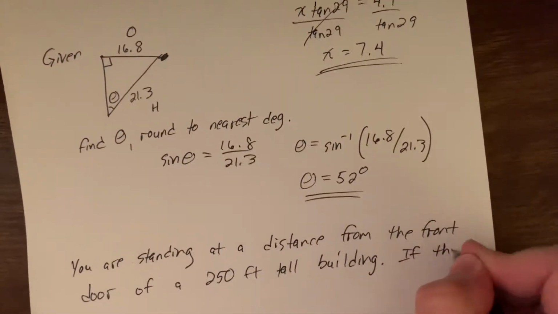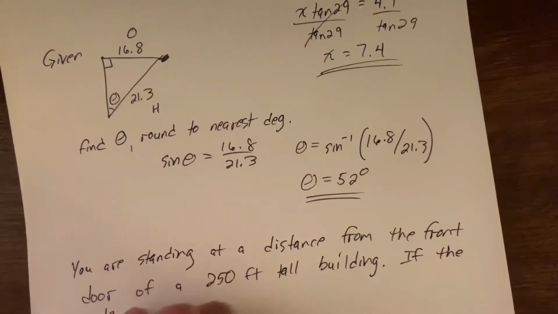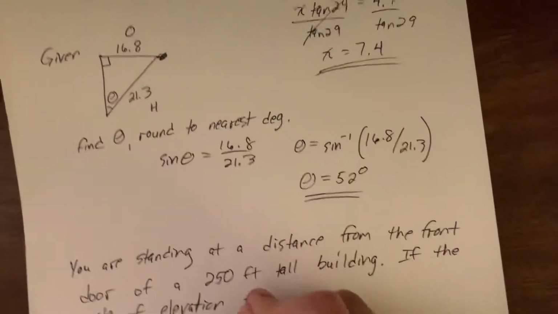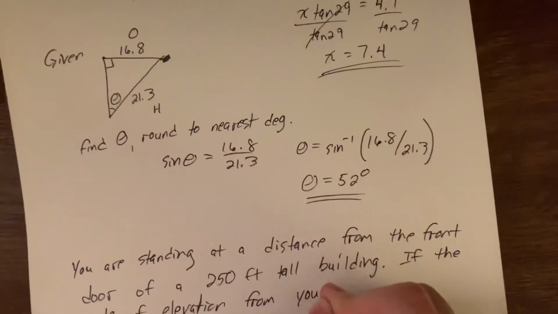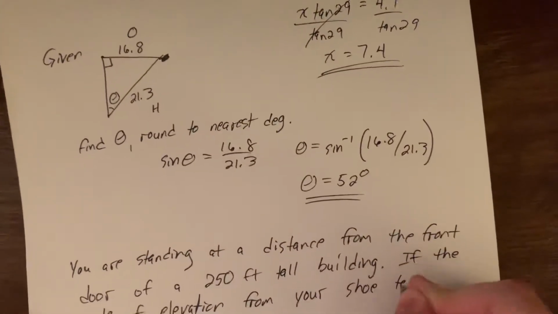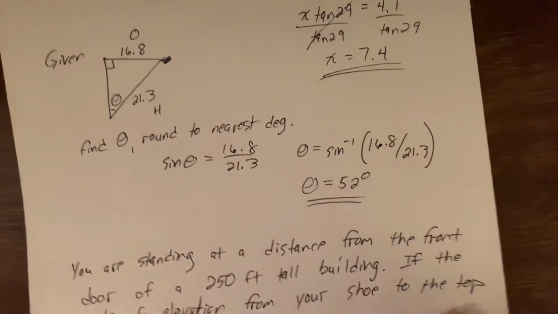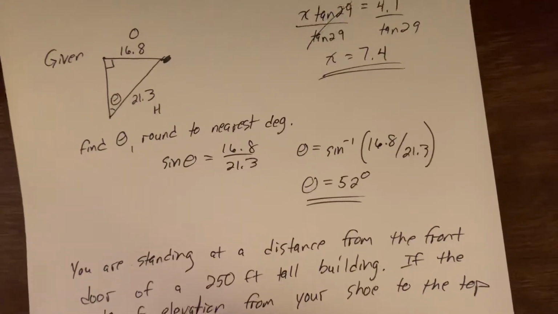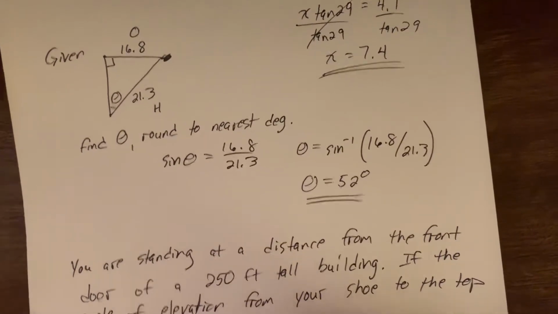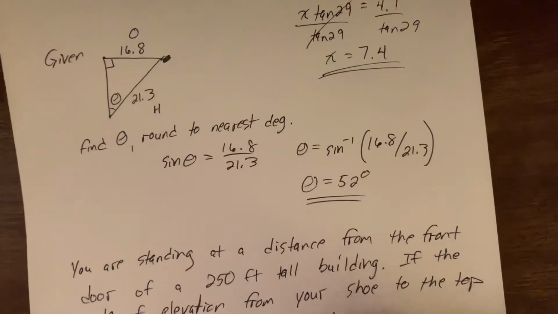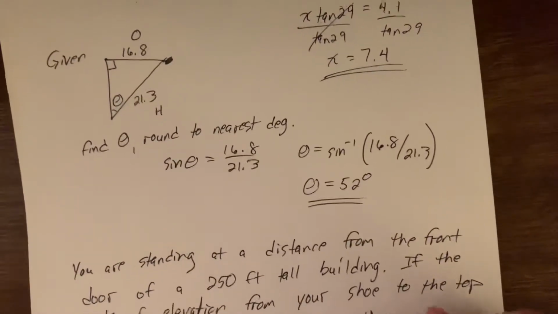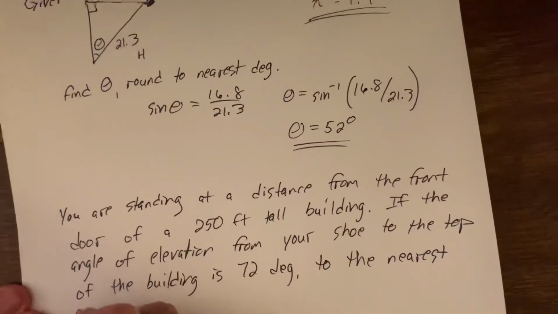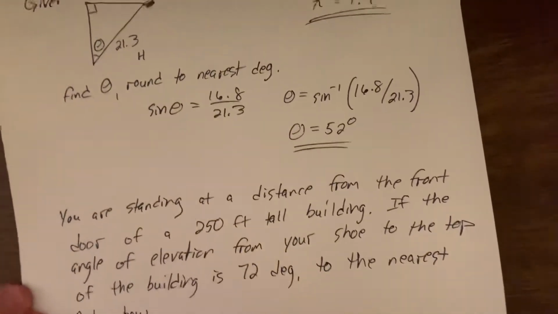If the angle of elevation from your shoe to the top of the building is 72 degrees, to the nearest foot, how far away from the front door are you standing?